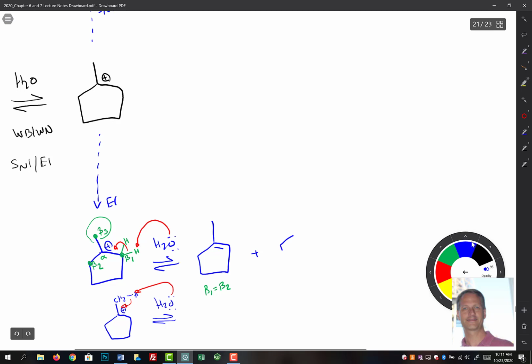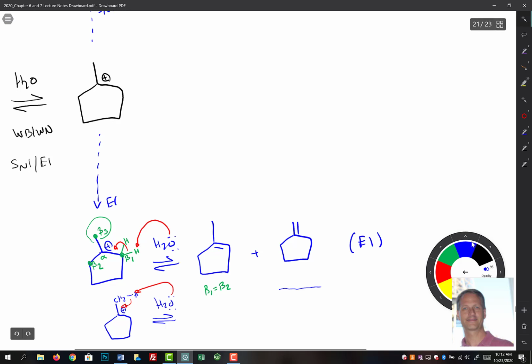That would give us the other alkene, which is this. So we get two alkenes there, and those are your E1 products. Which one is the major of those E1s? Probably the first product, because it is tri-substituted. The second product, this guy over here, is di-substituted.